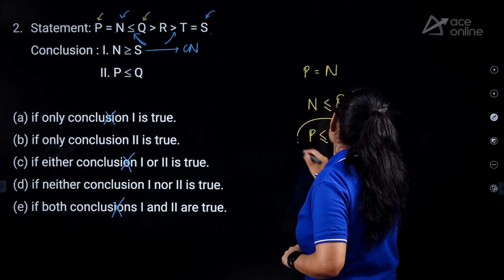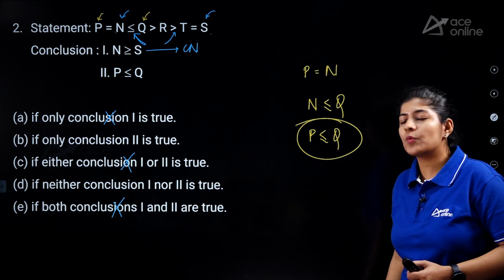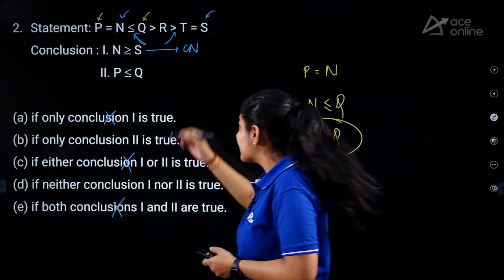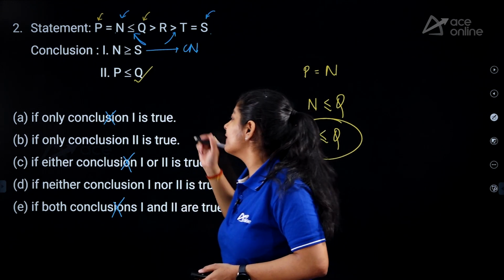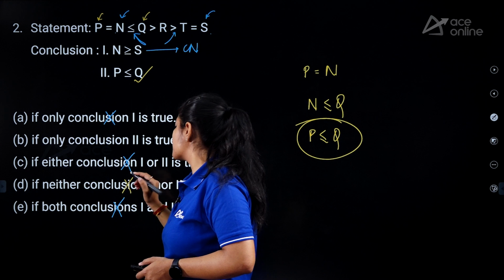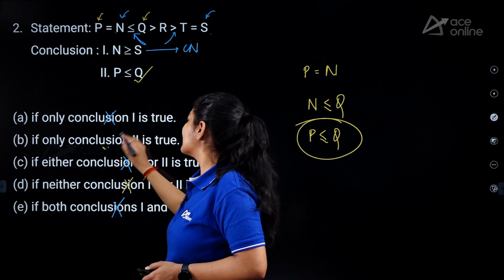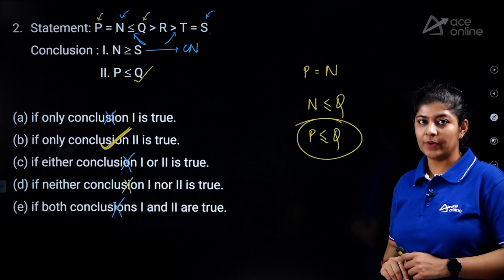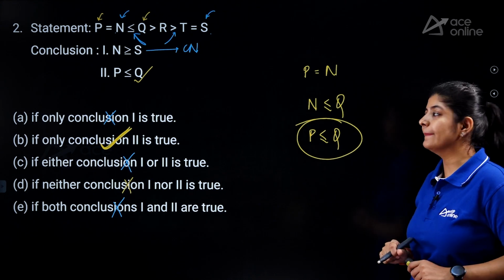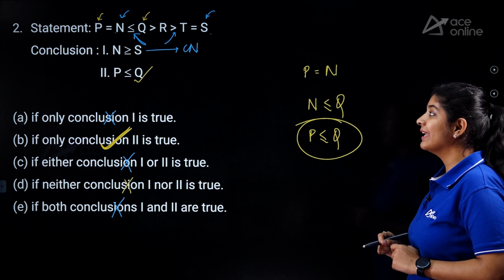And here we are getting this particular thing. And this is what is given in the conclusion. So we can say that the second conclusion is correct. And if second conclusion is correct, then this option is also eliminated. And the correct answer over here is your option number B. Is it clear? Next.